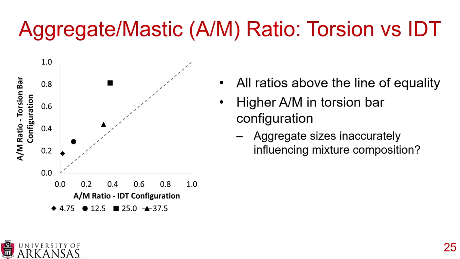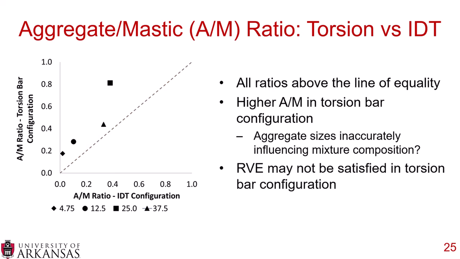And we're asking the question, are these aggregate sizes inaccurately influencing the mixture composition with these smaller sample sizes? If all of these are that high above the line of equality, that could potentially be a red flag. And we feel that representative volume element may not be satisfied in the torsion bar configuration for any of the aggregate sizes just because of how small a sample it is with that 12 millimeter smallest dimension.